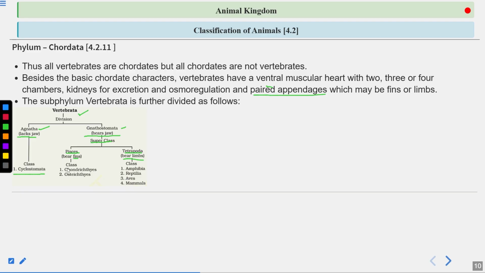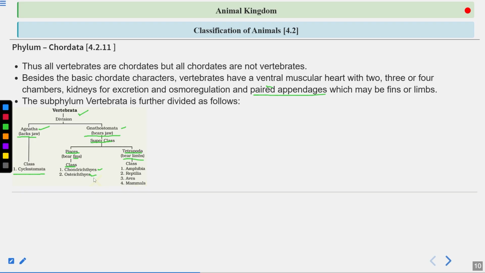And on the basis of whether they have bones or not, we have 2 types of fishes, Chondrichthyes and Osteichthyes. Chondrichthyes are called cartilaginous fishes, right? The bones are not present. Instead, the endoskeleton is made up of cartilage. So they are called cartilaginous fishes. And Osteichthyes are those fishes in which the endoskeleton is made up of bones.